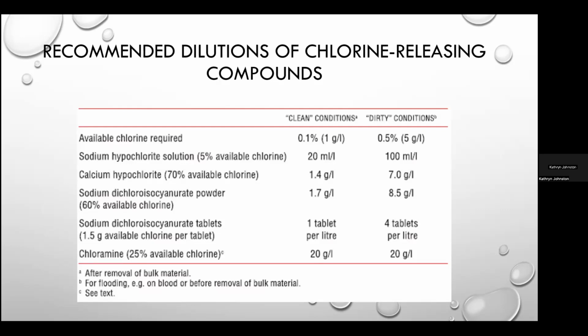Household or domestic bleach generally contains 50 grams per liter available chlorine, so it should be diluted 1 to 50 or 1 to 10 to obtain the final concentrations of 1 gram per liter and 5 grams per liter respectively.